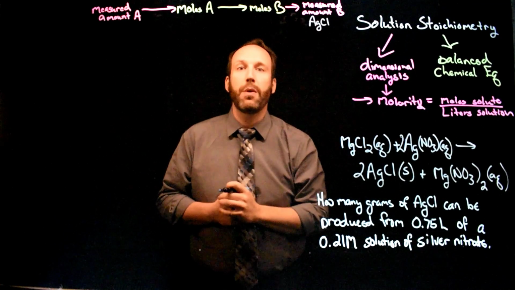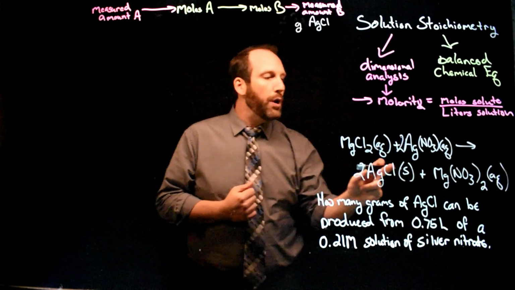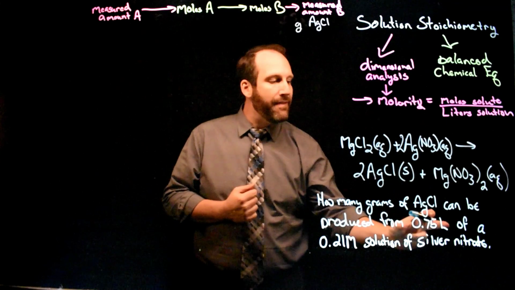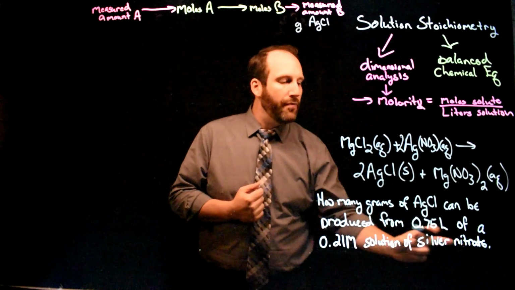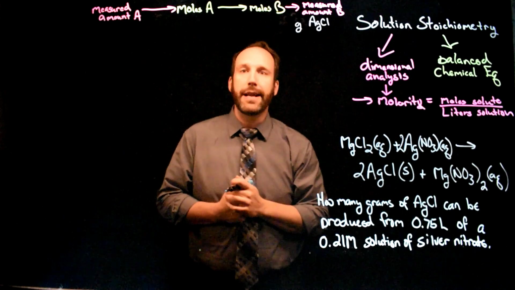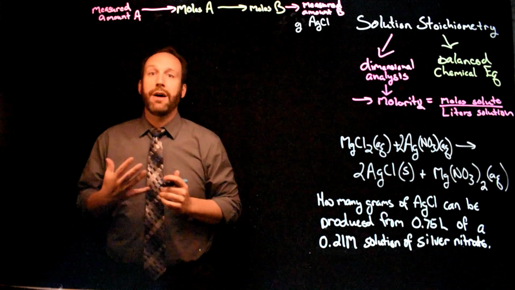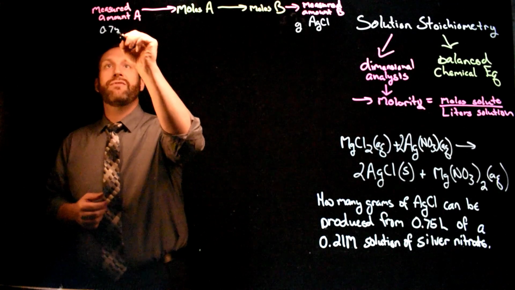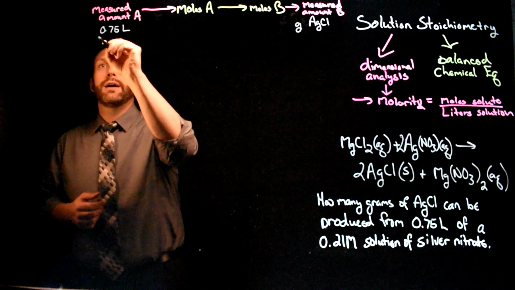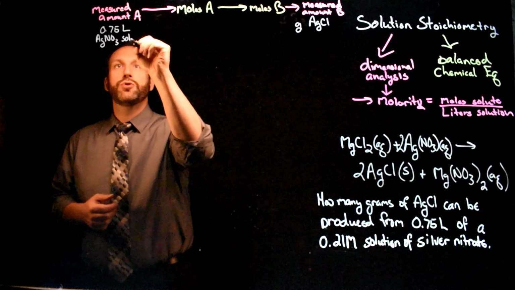Silver chloride is what we're trying to get to, and it's grams of silver chloride. Where we're starting from is a volume of silver nitrate solution. And that silver nitrate solution has a molarity of 0.21. So our measured amount of A in this problem is going to be 0.75 liters of silver nitrate solution.